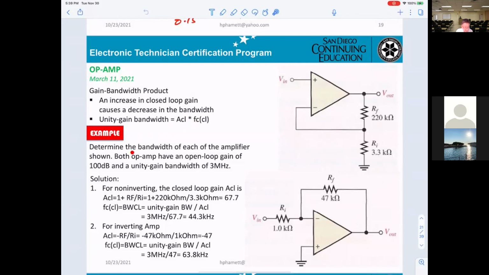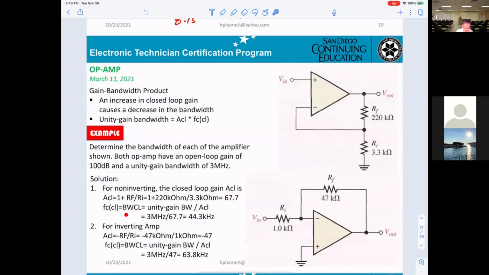Now, determine the bandwidth of each of the amplifiers. Both op-amps have an open loop gain of 100 dB and unity gain bandwidth is 3 megahertz. See how they do it. This is non-inverting. The closed loop gain ACL equals 1 plus RF divided by RI. So they get 67.7.